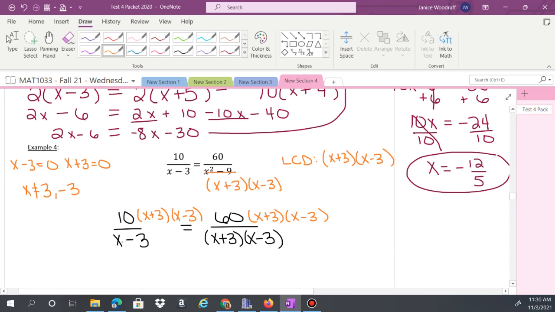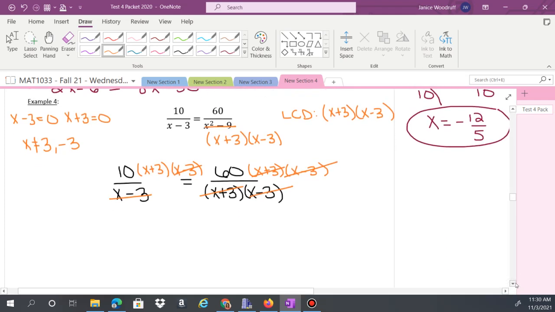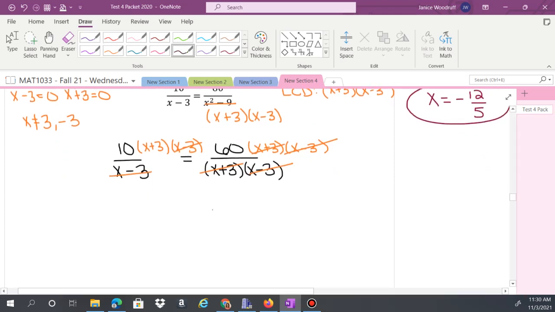Okay, so on the first term, the x minus 3's cancel. Second term, x plus 3 and x minus 3 cancels. So what I bring down is 10 times x plus 3 equals 60.